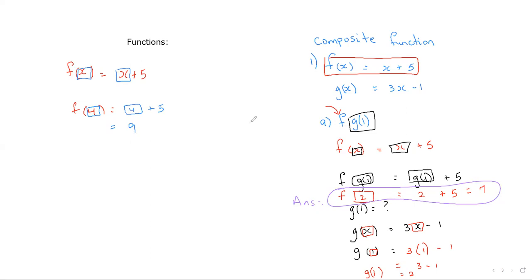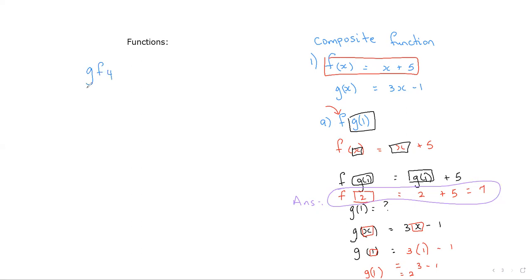Now, what we got to is what is known as a composite function, or a function of a function. When it comes to composite functions, it's basically where you are going to substitute one function into another.